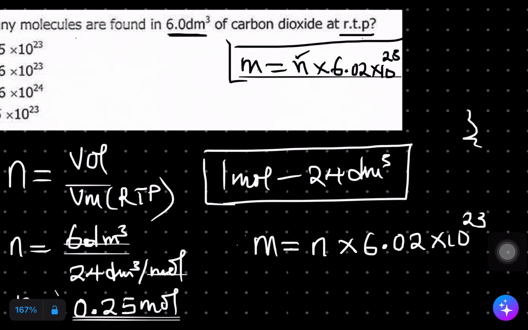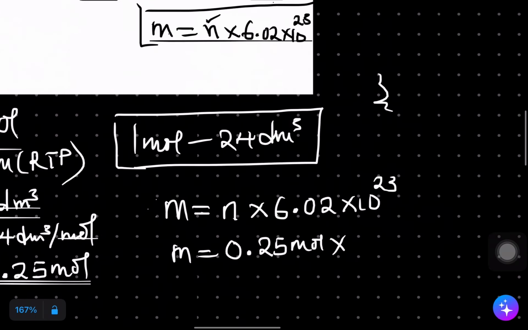We apply the number of moles we found, 0.25 moles, times 6.02 times 10 to the power of 23, and then we multiply.